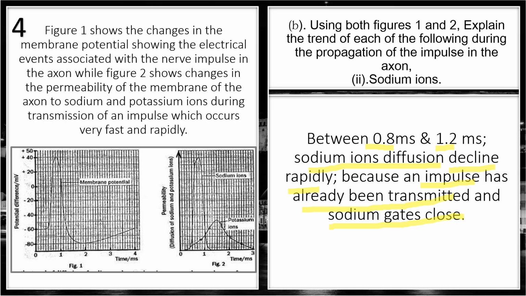So from 0.8 to 1.2, there was a rapid decline in the diffusion of sodium ions, because the impulse had already passed, and therefore the sodium gates were closed.